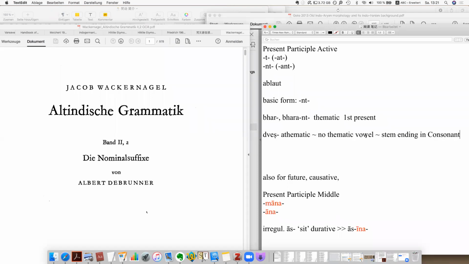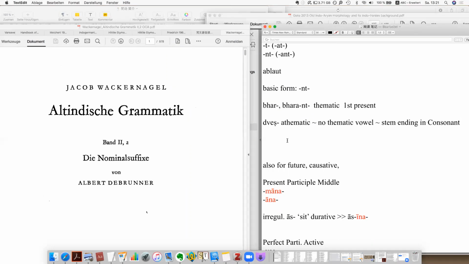This makes sense, right? So dvesh, you have dveshti. Okay. So a stem ending in a consonant.